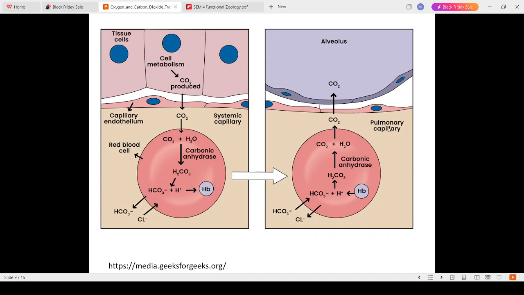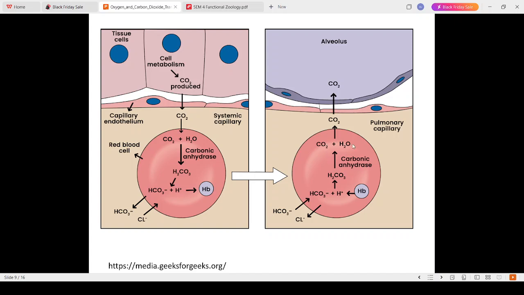And in the alveoli, the opposite situation will take place. So this is what is happening in the alveoli. In the alveoli, bicarbonate will be entering, combining with the hydrogen ion. Here also bicarbonate ions will be splitting into carbon dioxide and water.